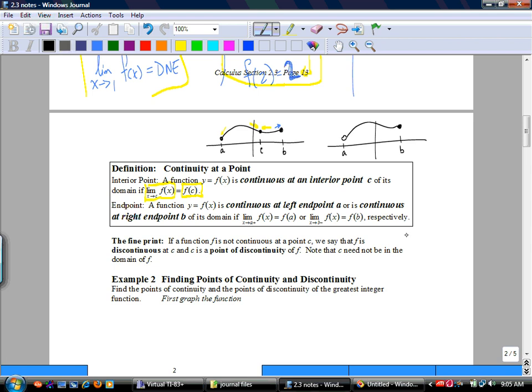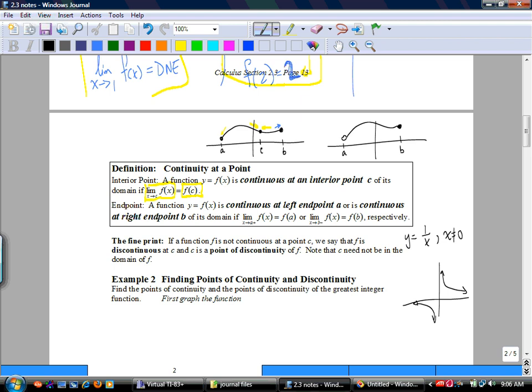Well, okay, let's look at the graph of y equals 1 over x. Tell me what value is not in the domain. But if we graph it, we would say there is a point of discontinuity at x equals 0, even though that 0 isn't in the function's domain.